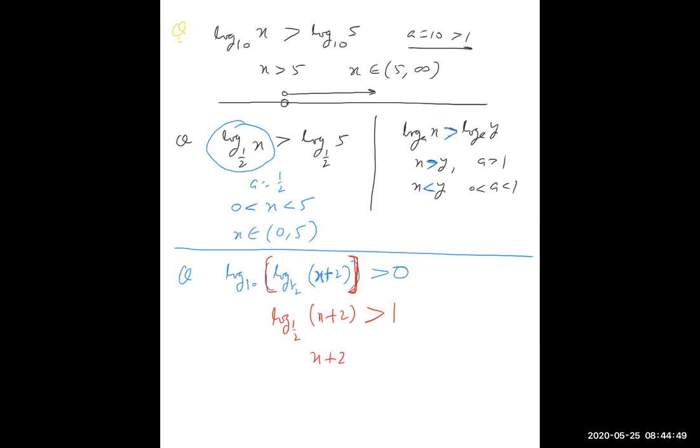So x plus 2 must be less than half raised to power 1, sorry, power is 1. Half. But at the same time, for this log to be defined, this must be positive. So now subtract 2. So x must be greater than minus 2 and less than half minus 2. So x belongs to minus 2 to minus 3 by 2. That must be the answer.